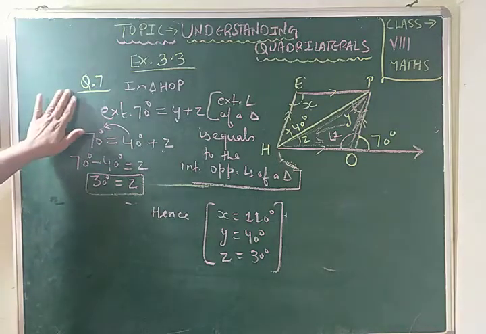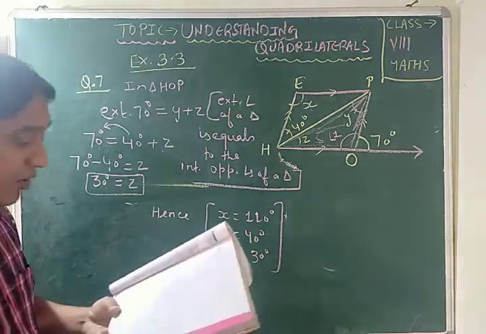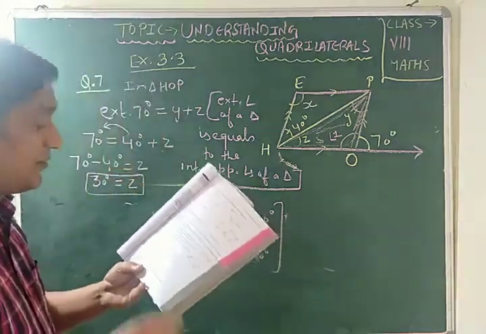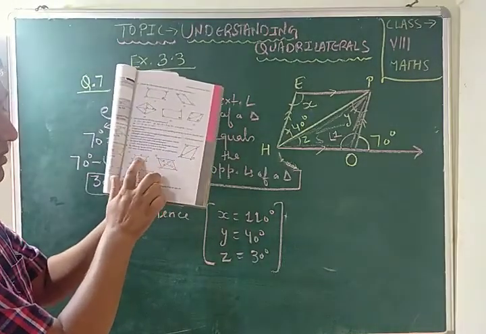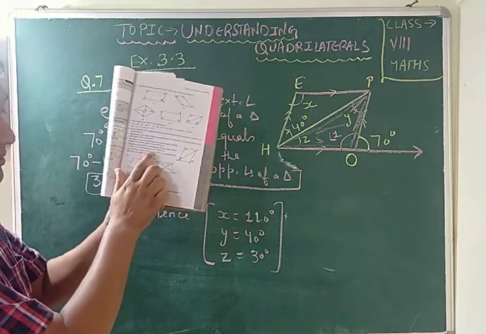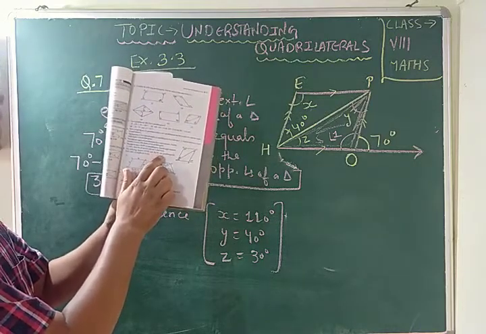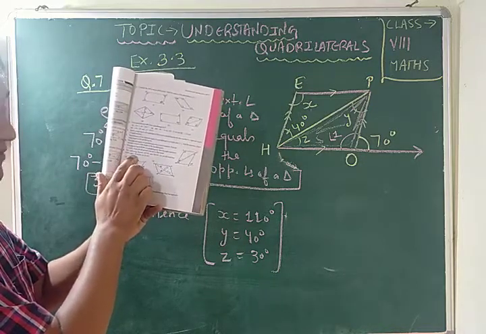After question number 7, children, we will do question number 8. Now, question number 8 is what? The figures were given, this figure and this figure. The following figures, GUNS and RUNS, are parallelograms. Here also we have to find x and y.